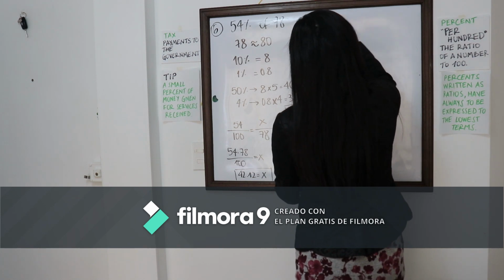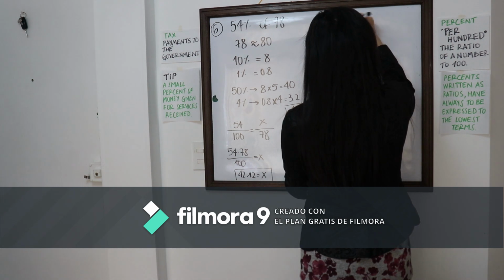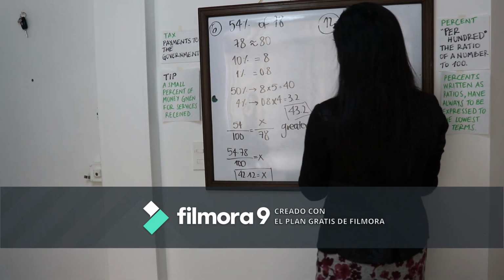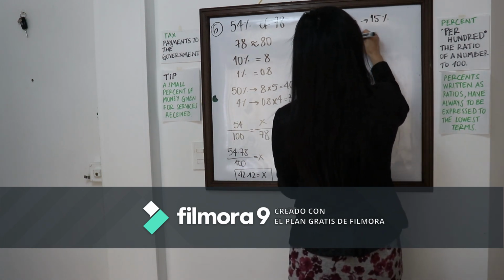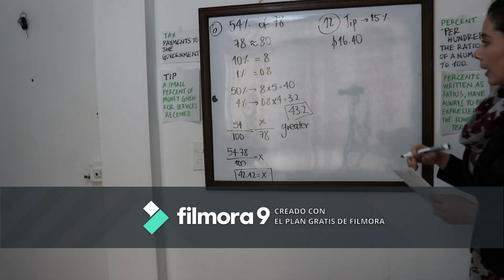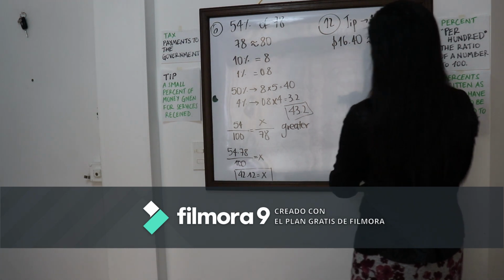So number 12 tells you to please get the tip, a 15% tip, okay, and the amount of money is $16.40. So that's what we're gonna work with, okay? In my case, I would actually round it to $16.